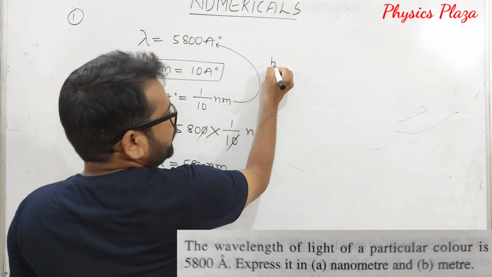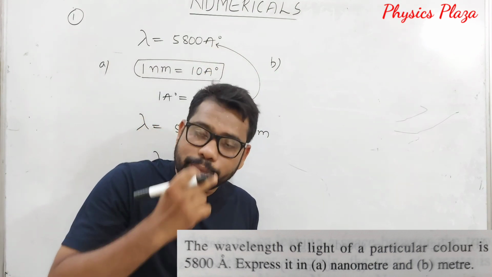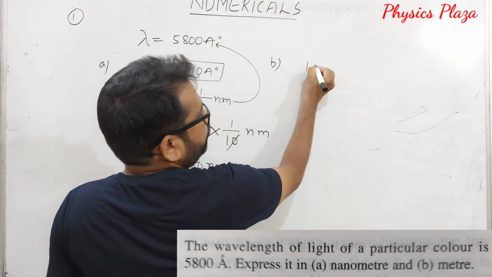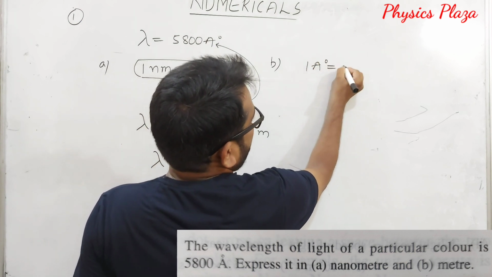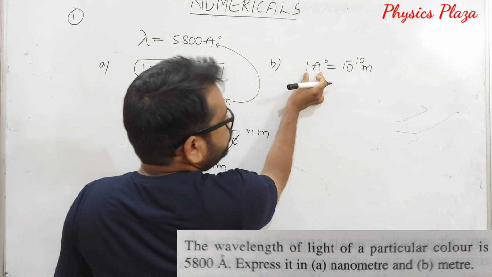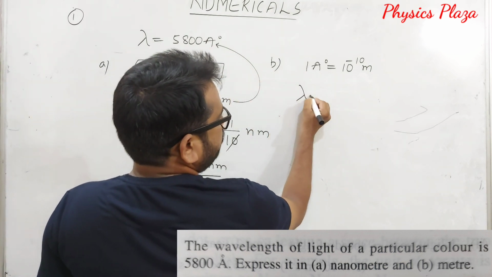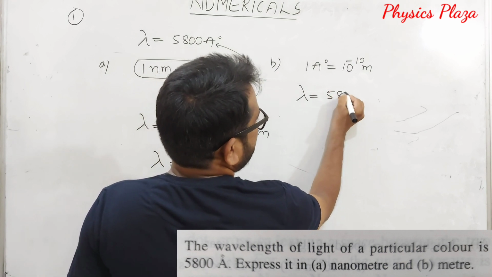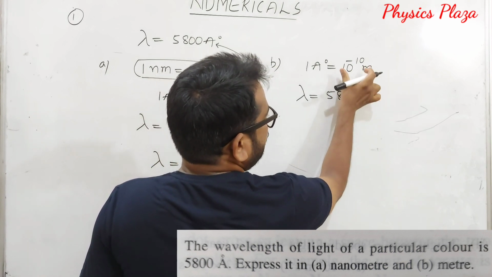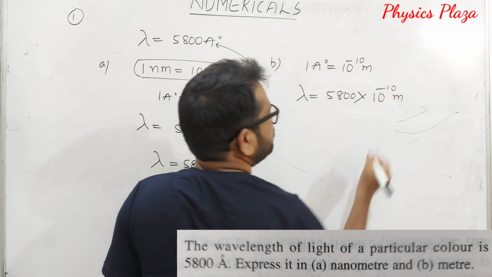If you want to write in terms of meter, we must know the relation between angstrom and meter. Children, we know that 1 angstrom is equal to 10 power minus 10 meters. So we put this value in this place. Then lambda is equal to 5800 into 10 power minus 10 meters.